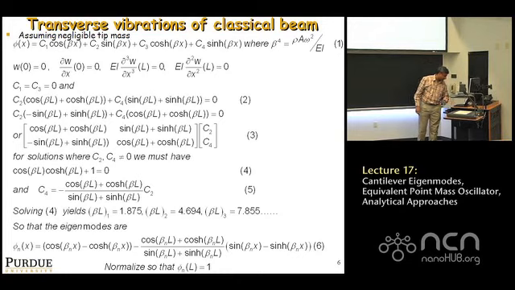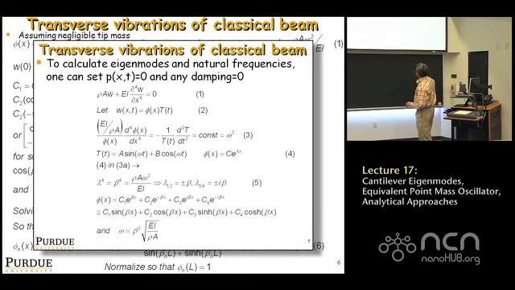Let's just go back to beta fourth. Give me a second here. Oh, I'm sorry. Yeah, this is omega. This is not omega squared. So beta squared goes as omega. Okay, so omega is like beta squared.